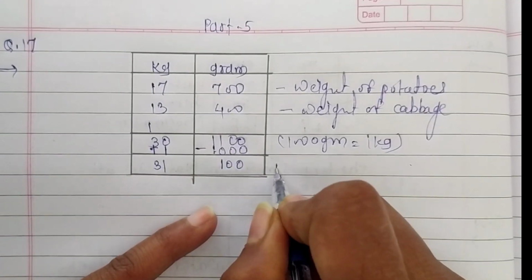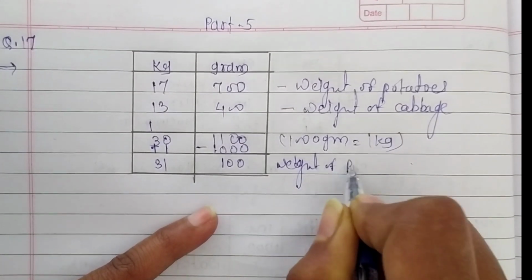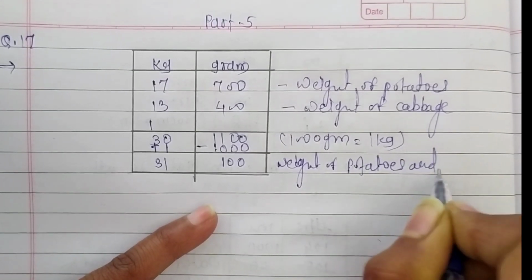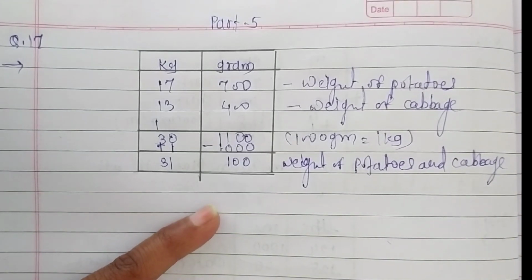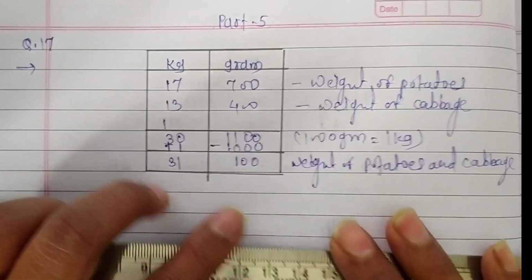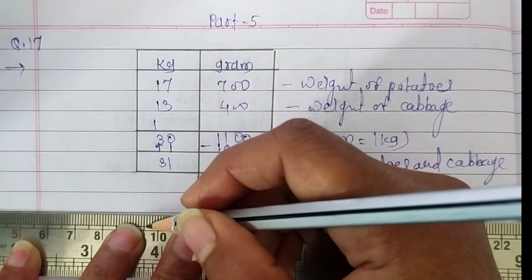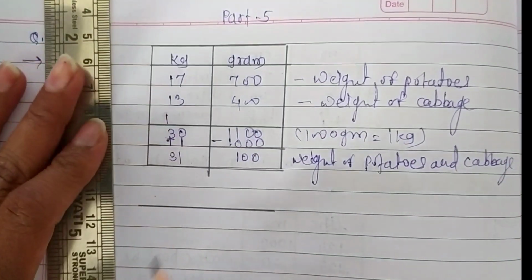These are the weight of potatoes and cabbage. Now let's subtract these from the total weight of the sack. The total weight of the sack is 40 kg and 300 grams. Let's subtract it.